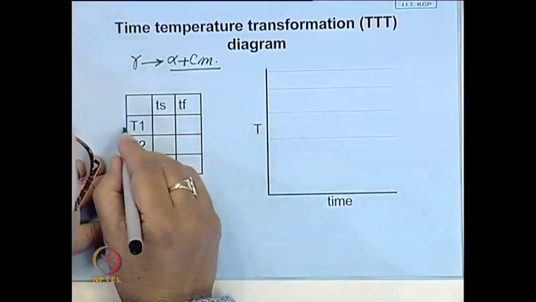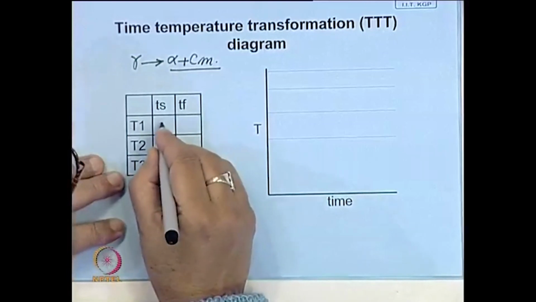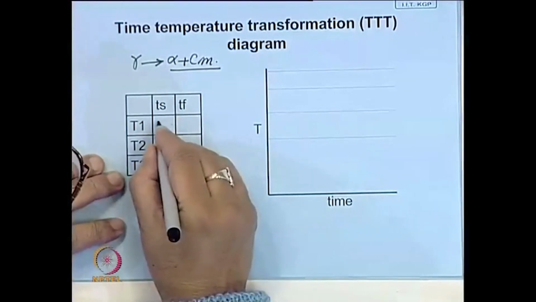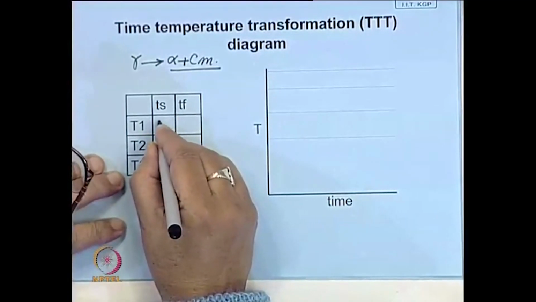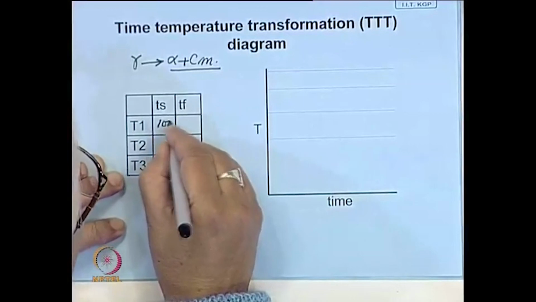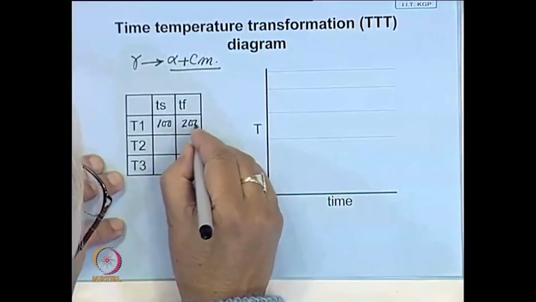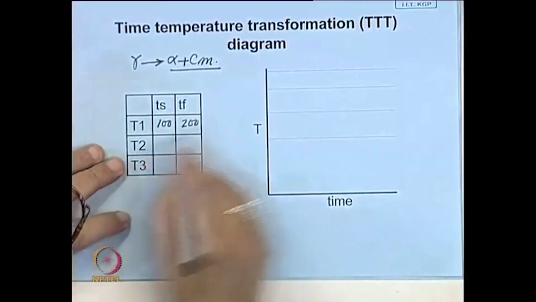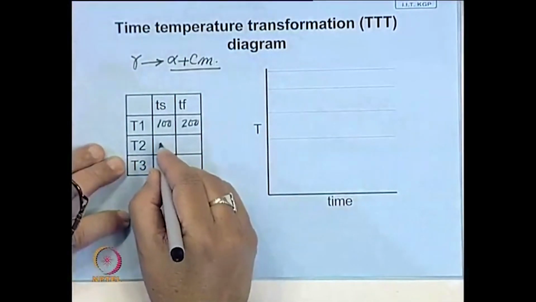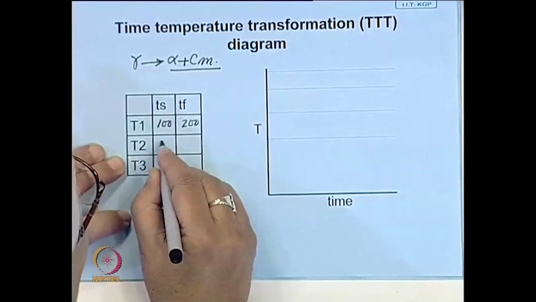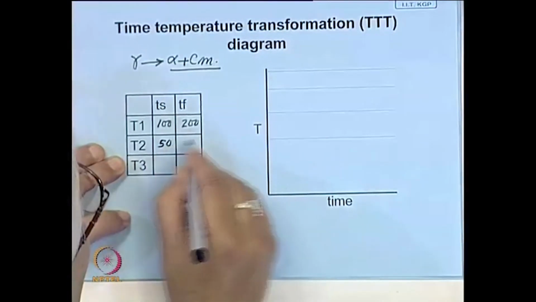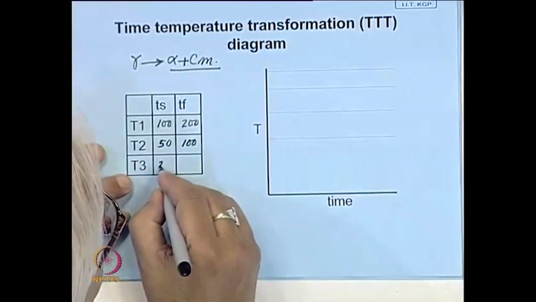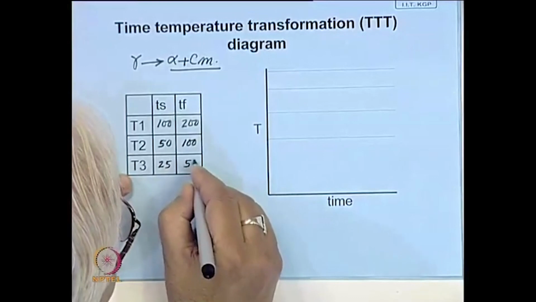So, for this temperature T1, say the start temperature, you get some number. Maybe this is 100 and this is 200, let us say 100 seconds, 200 seconds, I am putting arbitrary numbers. If you go down further, you may find it has come down, this is 50, this is 100. If you come down further, maybe it is 25 and 50.